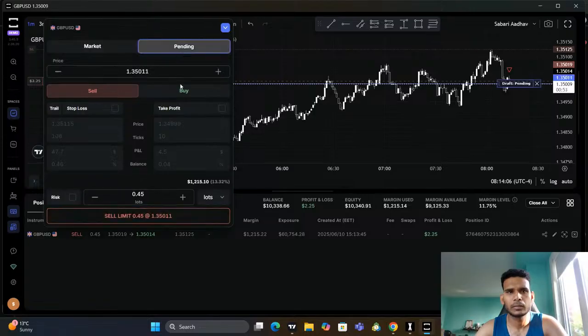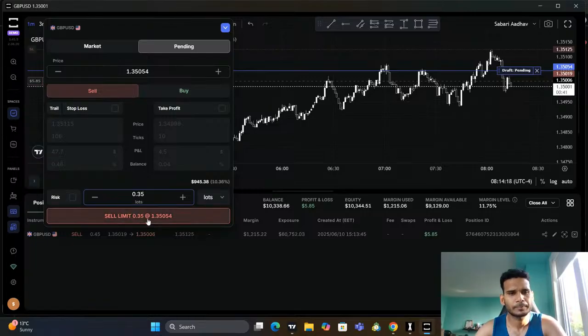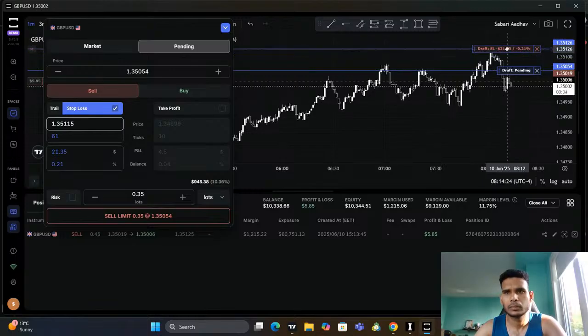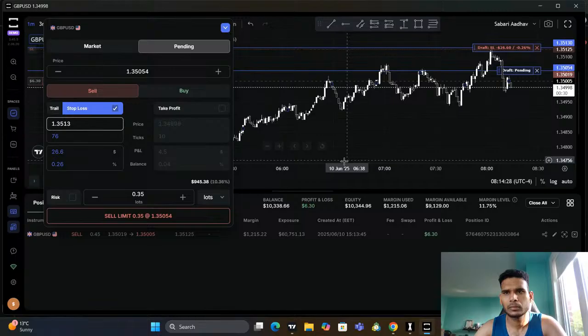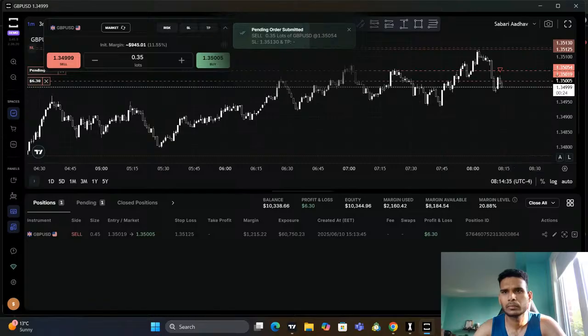It's a pending order, supposed to be at this point. It's going to be 0.35, plus it's going to be this high, the limit. Let's see how this will work.